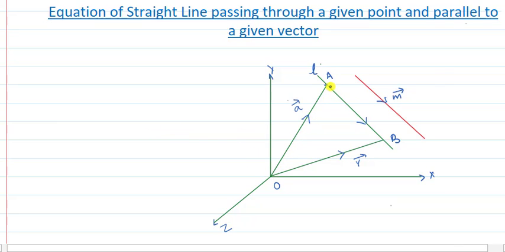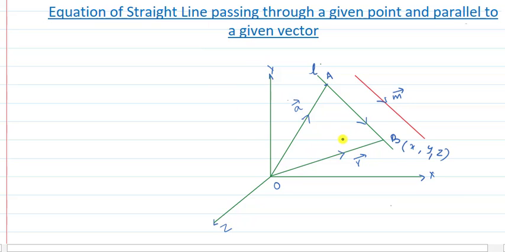Let us draw vector A, the position vector of point A, which is OA, directed from O to A. Next, let B be any other point on the line, with coordinates x, y, z. This may be any point on the line, not a fixed point, and let the position vector of this point B be R, directed from O to B, or we can say OB.